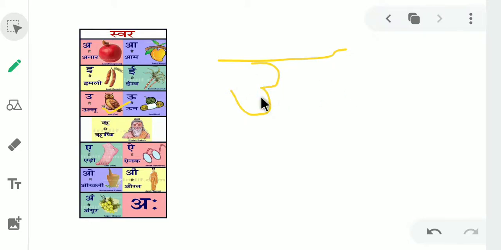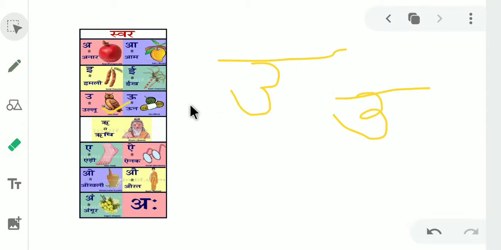Once again, I'm going to write this. Firstly, you can write it like this.